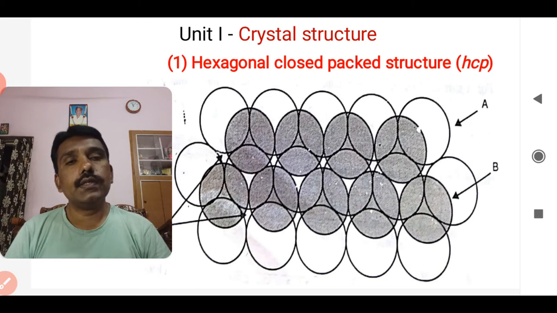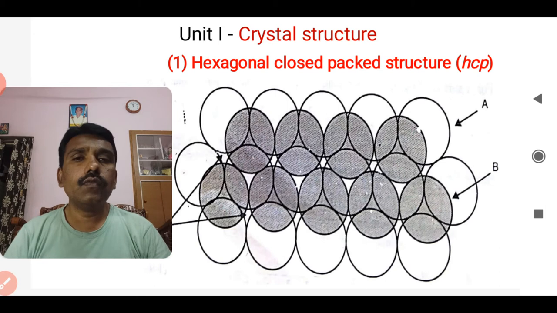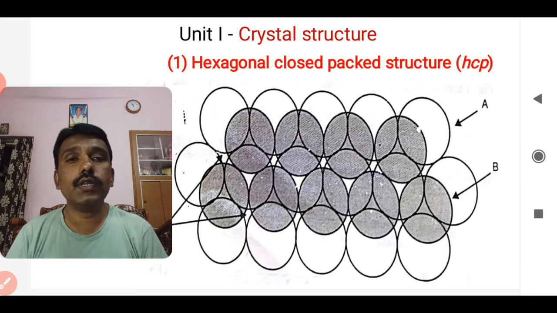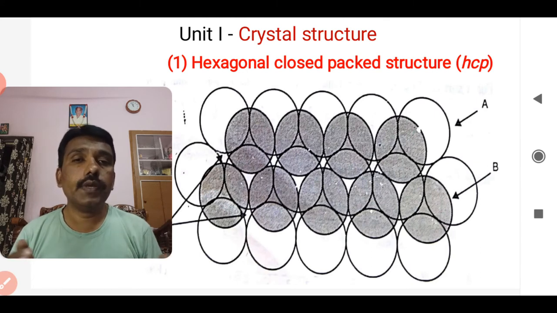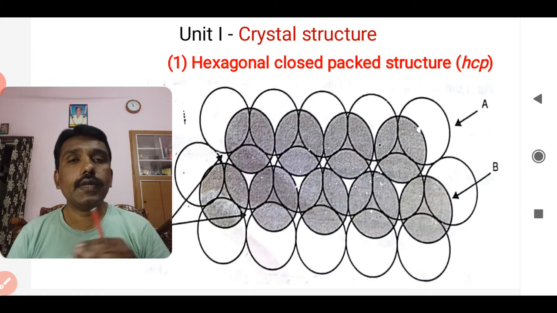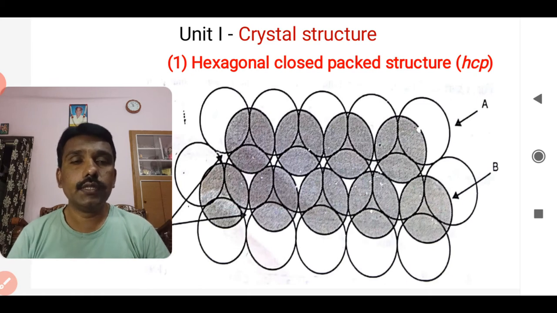As far as hexagonal close packed structures are concerned, we have already seen that whenever there are 12 atoms or more in one unit cell, it is called a close packed structure. Here are the layers of atoms in the solid, distributed in this way.